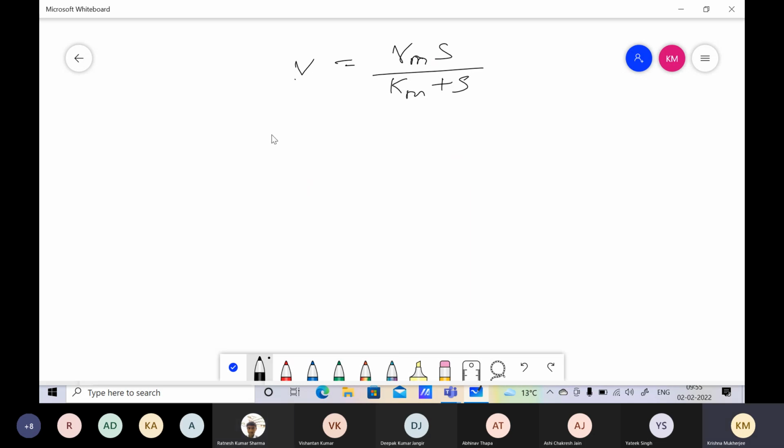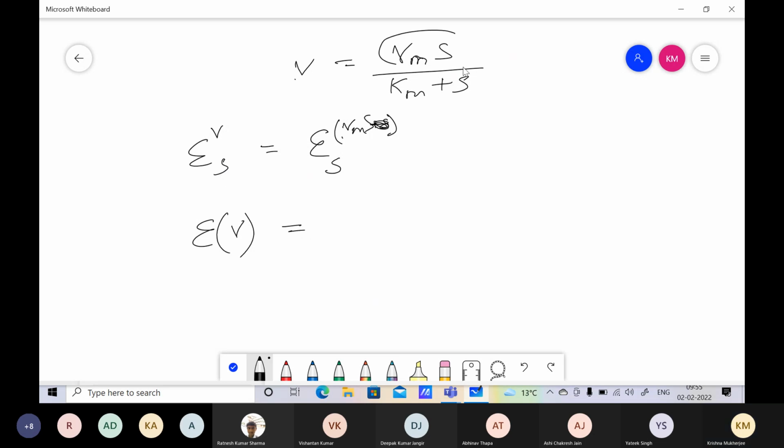Then E of V by S becomes equal to, now I will apply the rules, E of Vm into S by S. Okay, I write E of V, obviously with respect to S, is equal to the U by V form.